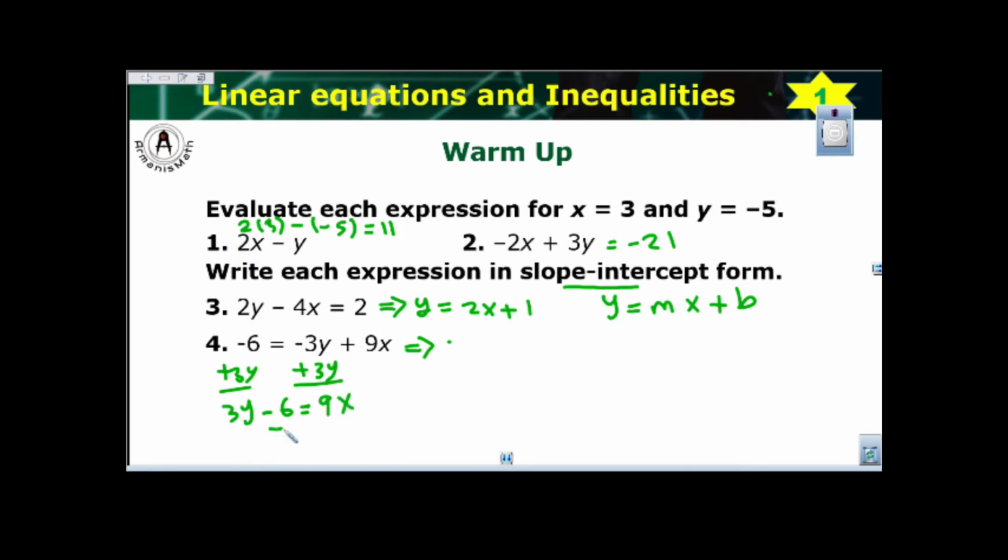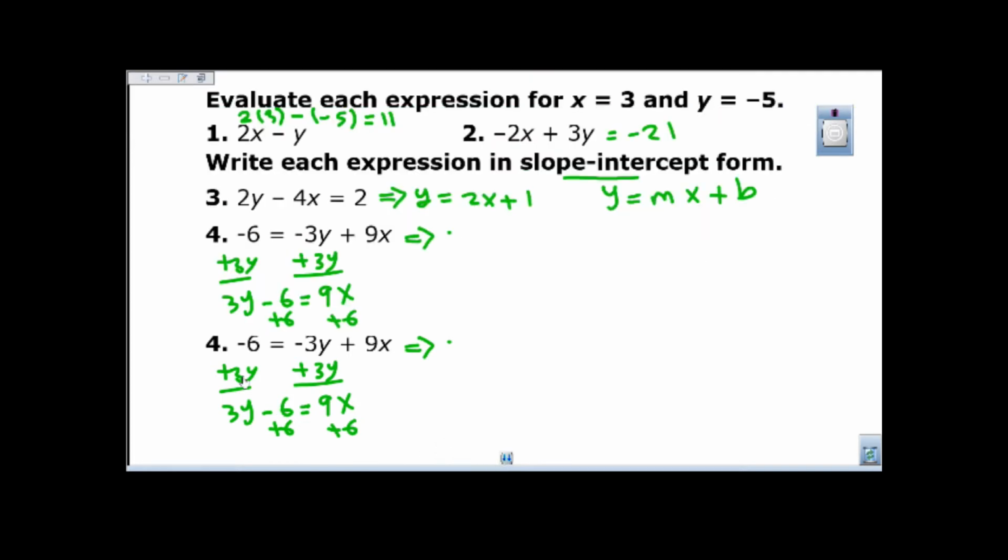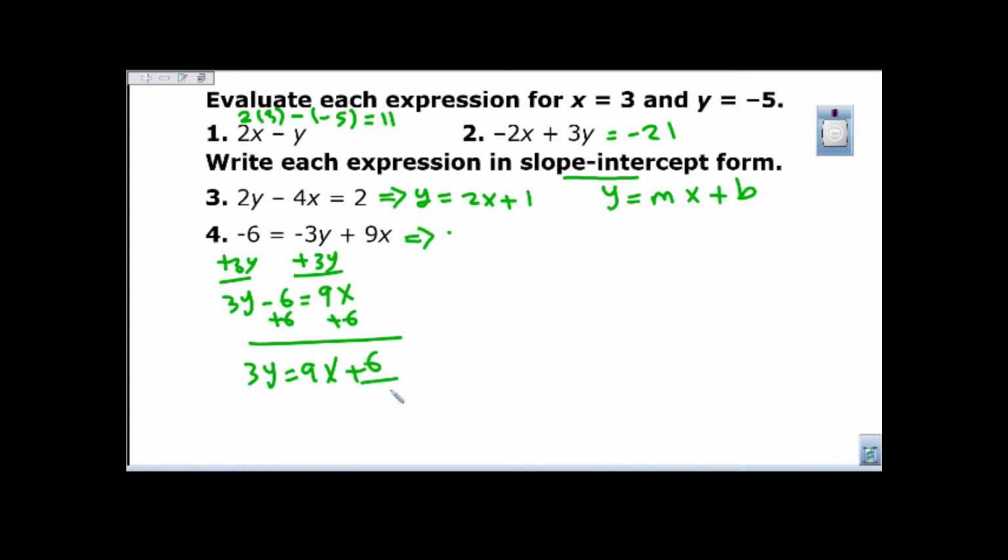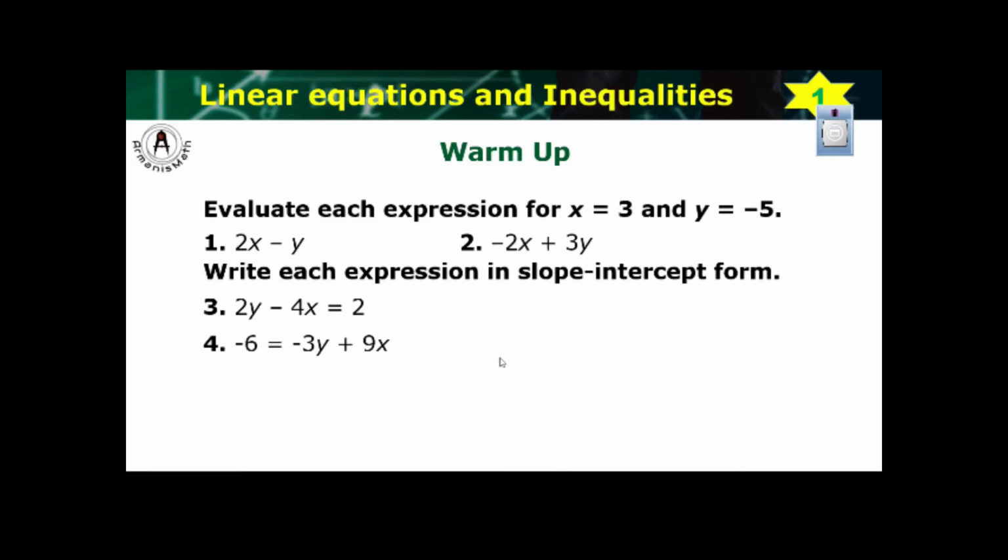I'm going to add 6 to both sides, and that should give me 3y equals 9x plus 6. Divide that by 3. y should equal 3x plus 2. So that should work. Okay? Awesome. Here's some answers here.